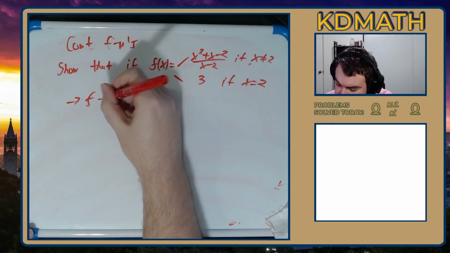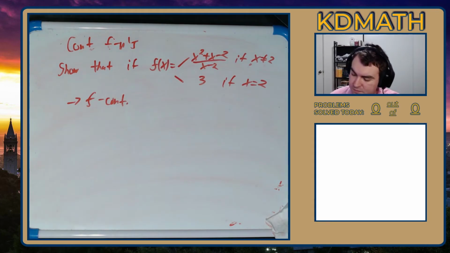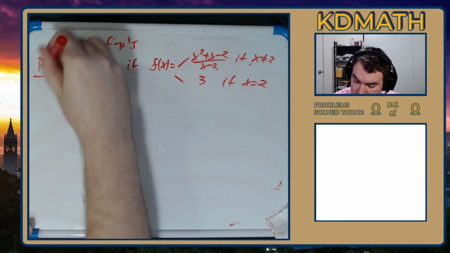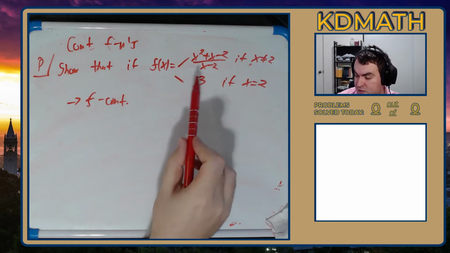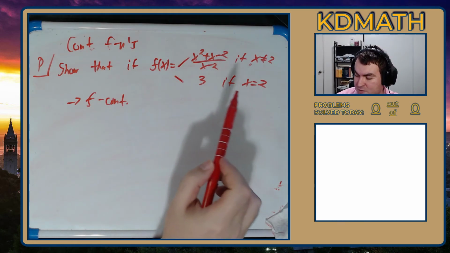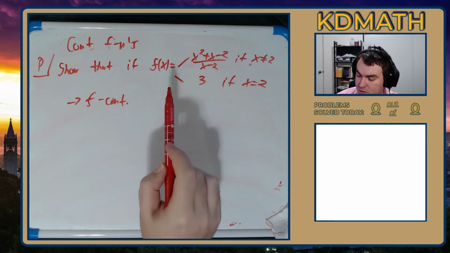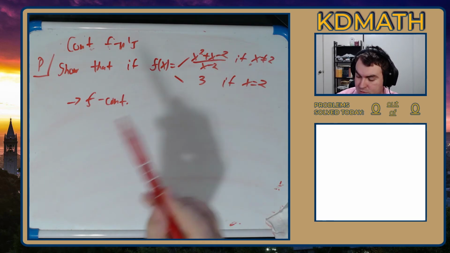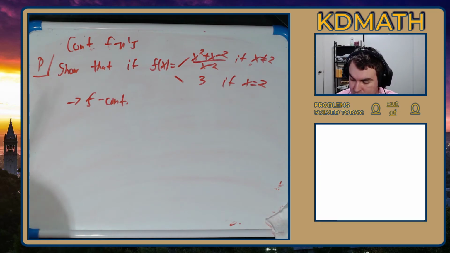F is continuous. So this is the problem that we're trying to solve. We want to show that this function is continuous.